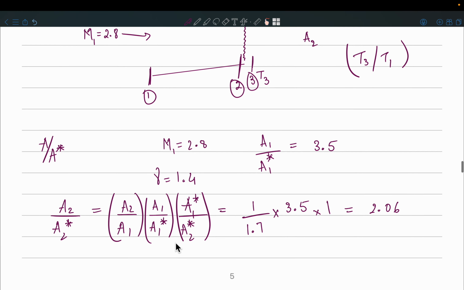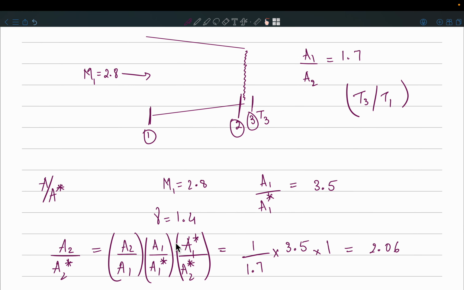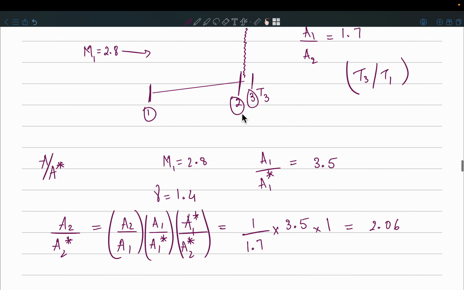So first critical was when the flow is subsonic. Third critical was when the flow is supersonic. And this, what you are asking is when the shock stands at the exit, that is second critical.